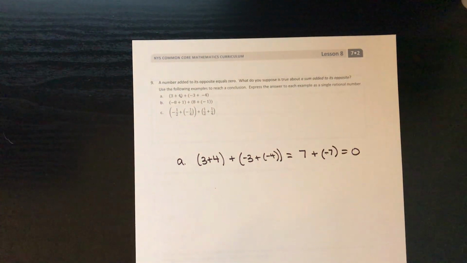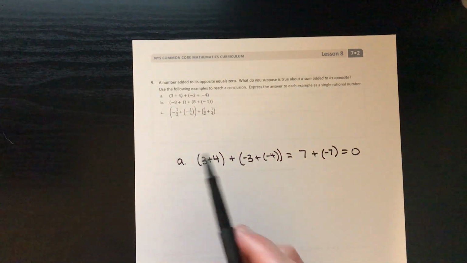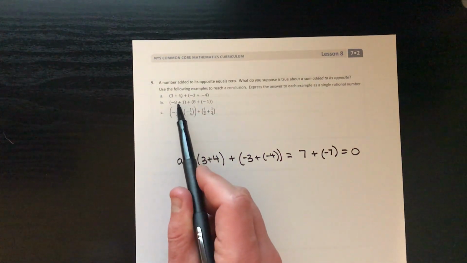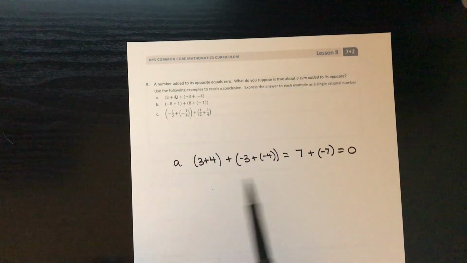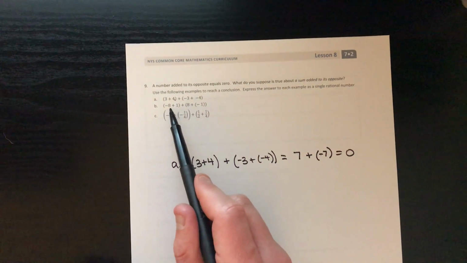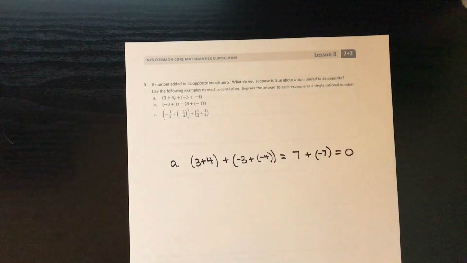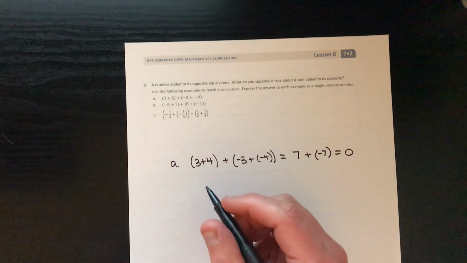So that's really the job on each one of these, is to show that if you have a sum and then you have another sum and the sums are opposites, or all of the addends being added in each sum are opposites to the ones from the other sum, that was probably confusing, but I think you know what I'm trying to say. Then you're just going to wind up back at 0.